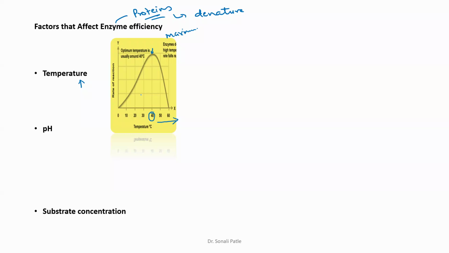With increasing temperature, the bonds that are present when the polypeptide chain folds to form the protein will break down. Because of that, the active site's shape will change and it won't be able to react with the substrate anymore. So there is a decline in enzyme activity, and the rate of reaction will also decrease.